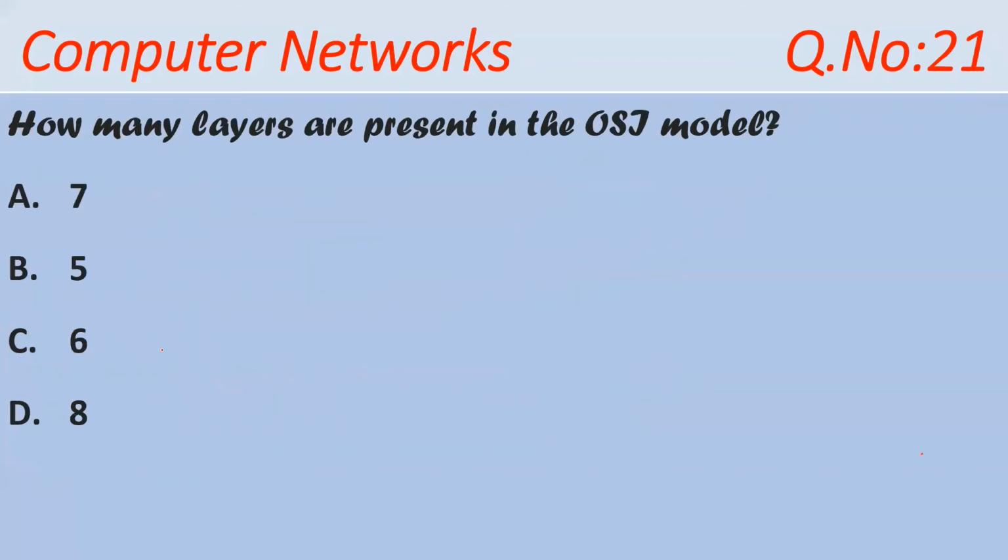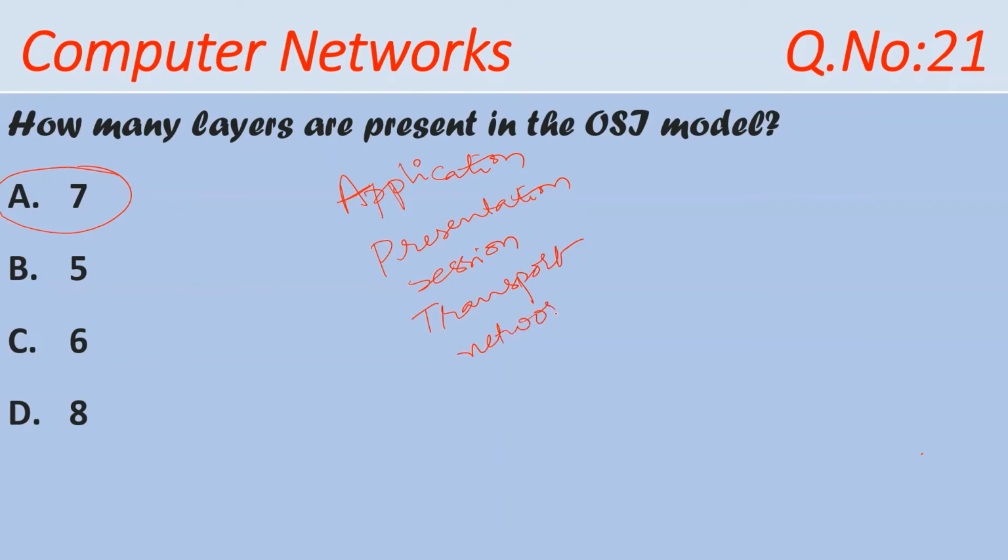How many layers are present in the OSI model? There are 7 layers present in the OSI model. So what are those layers? The application layer, which is the topmost layer. Below the application layer, we have the presentation layer, and then below this the session layer, then the transport layer, then the network layer, and the data link layer.